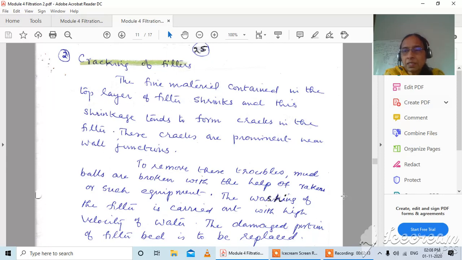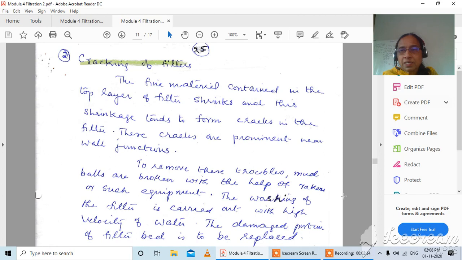The colloidal fine particles settle there, and if the backwashing is not proper, during a long run, when the filter runs for a long period, for example 1 year or 2 years, you can see that these colloidal particles, the clay particles, start shrinking.